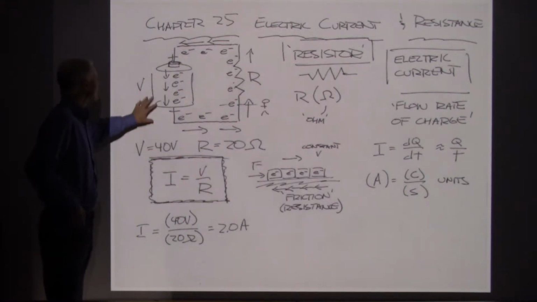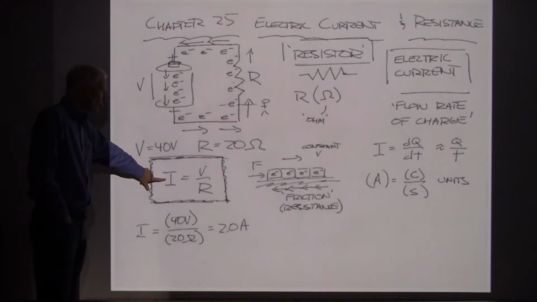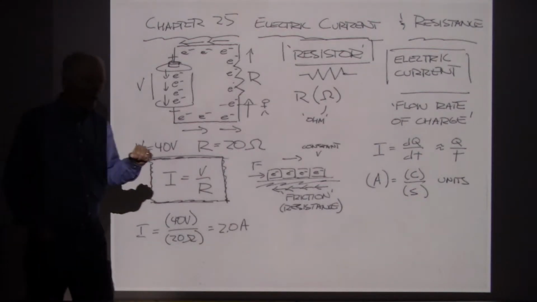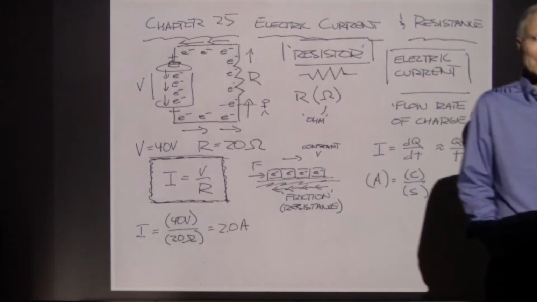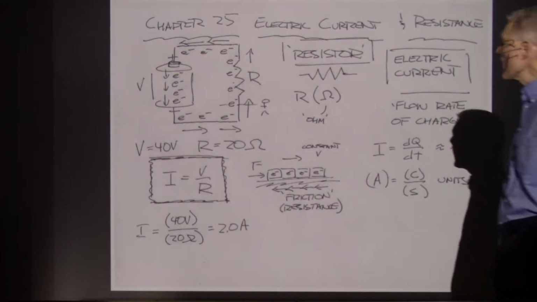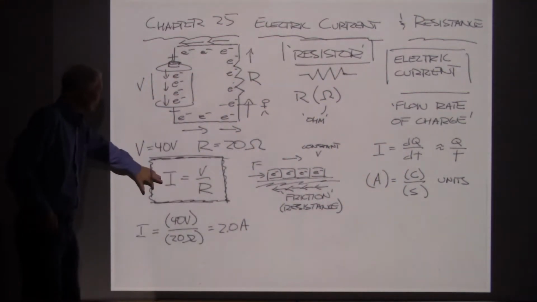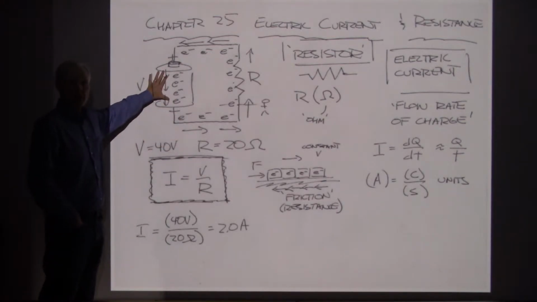Right now what we want to do is say, for this particular circuit, what determines the flow rate? Back when we were looking at mechanics in Physics 4A, we said that the acceleration depended on the force divided by the mass. Well, this is a similar idea. The flow rate depends on how energetically the charges are being pushed by the battery.